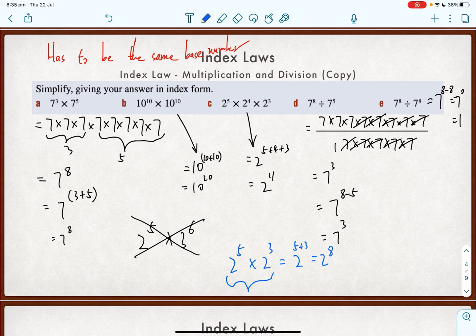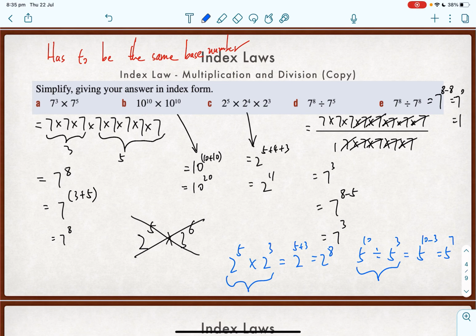Okay, so if you have 5 to the power of 10 divided by 5 to the power of 3, that would be 5 to the power of 10 minus 3, which equals 5 to the power of 7. So if you're dividing two index numbers with the same base, you can just subtract the index.